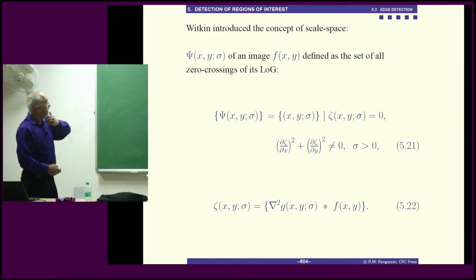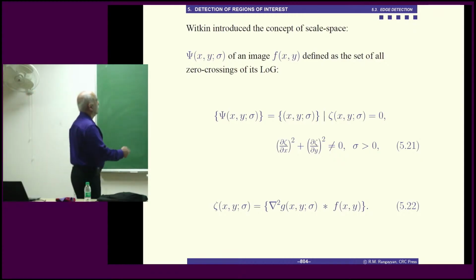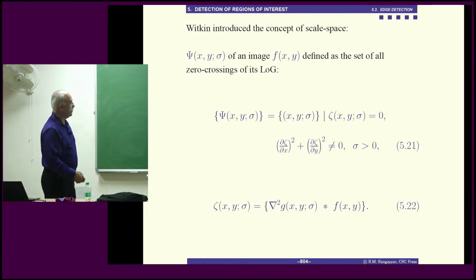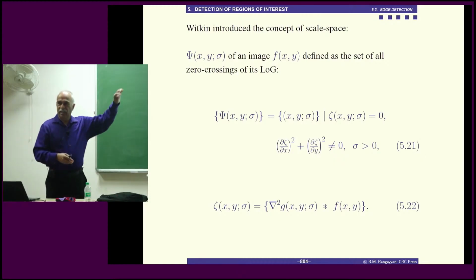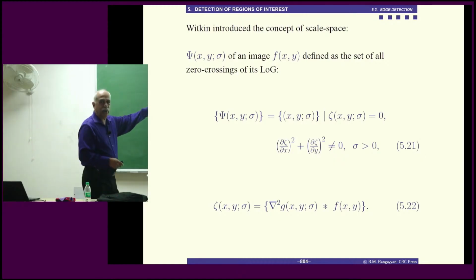Witkin came up with this idea of scale space called psi of xy sigma of an image f(x,y): the set of all zero crossings (x, y, sigma) such that this zeta xy sigma is 0 and the Laplacian is not 0, scale is greater than 0, and that is the output of the Laplacian of Gaussian. So that is a set of these points I was talking about. This is just a notation for that.